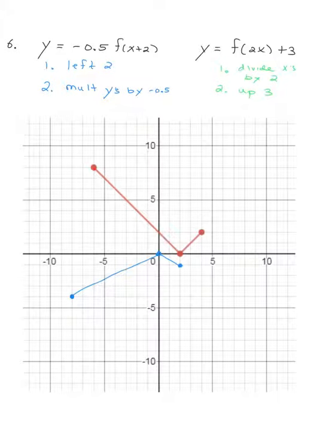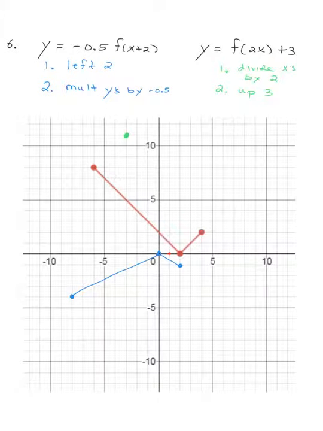Let's start with this point. The x value is at -6. You take half of it, it's going to go to -3. If you then go up 3 places, you go up to 11. So that's -3, 11. Okay? For this point here, I'm going to take half of the x value. The x value is 2.